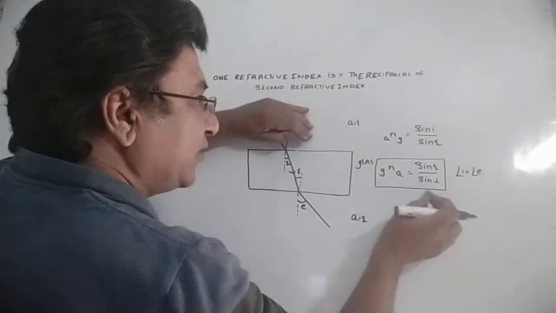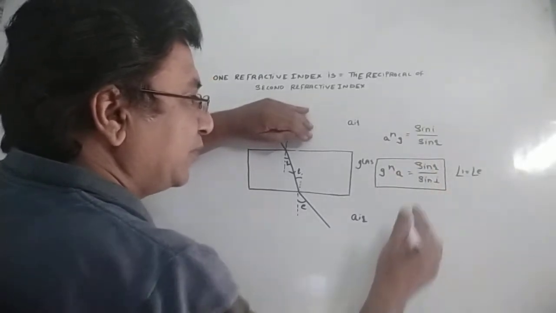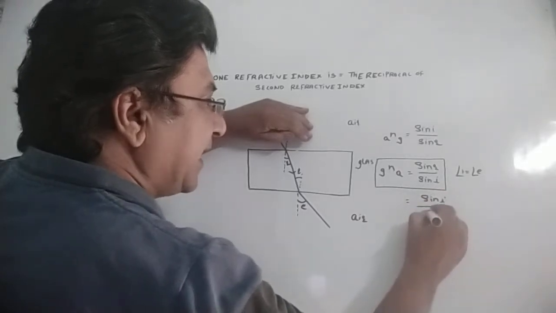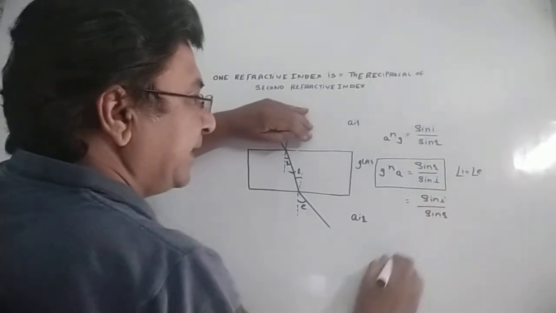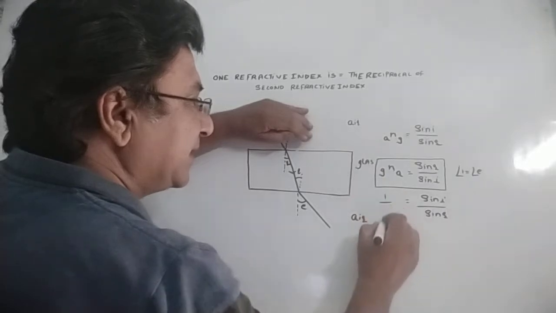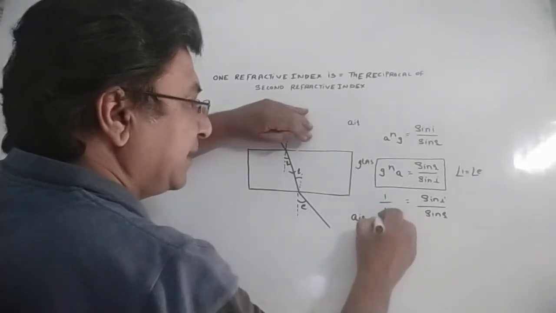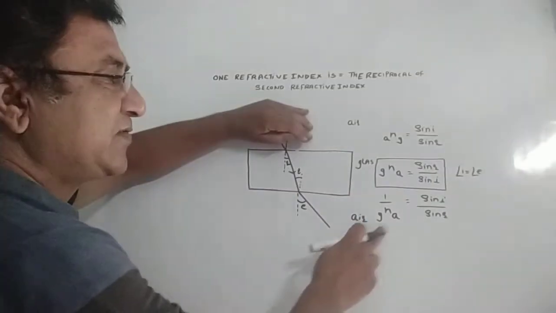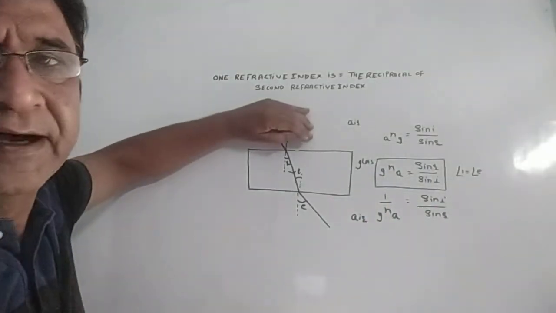So to obey that, we have to put sin I upon sin R. In that case we will take the reciprocal of glass to air. The reciprocal of glass to air will be equal to sin I upon sin R.